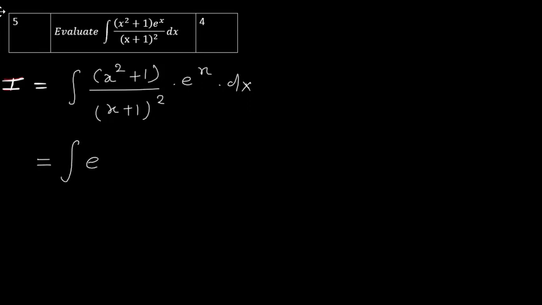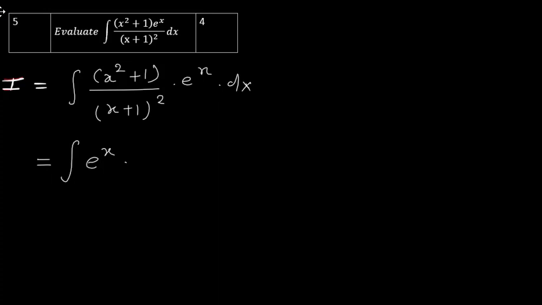So first e power x I will write in front, then here x square plus 1 upon x plus 1 the whole square. What we should do, if you see that degree of numerator and degree of denominator, they are same.